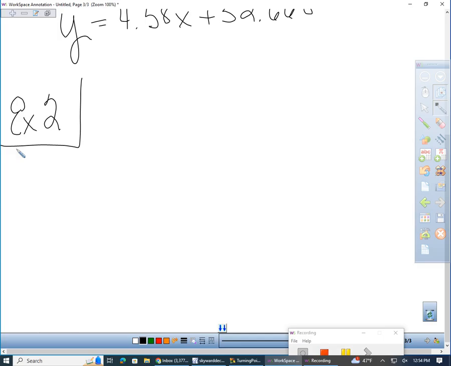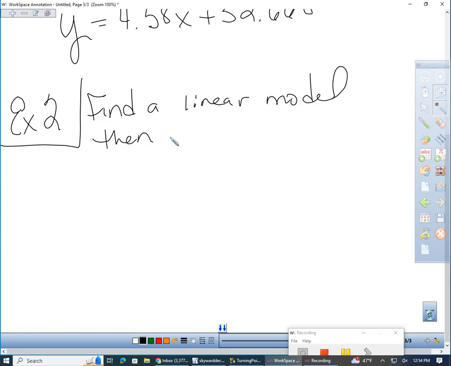Example number 2 is going to ask you to find a linear model, then predict the number in 2013.